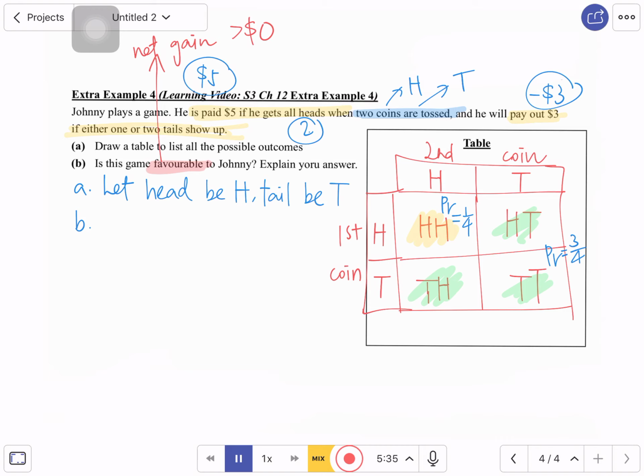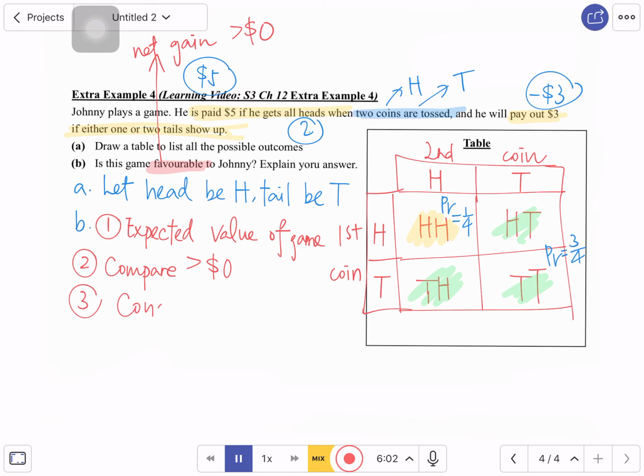So now let us try to find out the expected value of the game, and then try to compare if there is a gain, if the money that he gets is greater than $0, and try to give the conclusion.